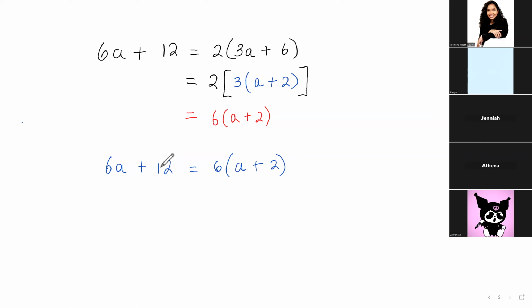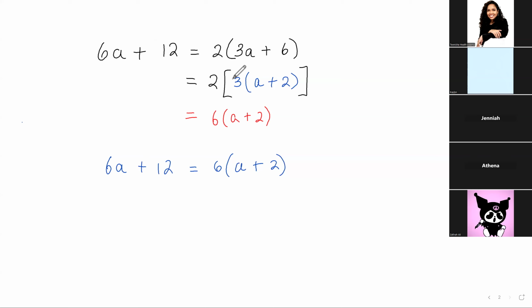However, if you do end up in a situation where you didn't factorize completely, and after you factorize the first time, you realize that what you have in brackets still have a common factor, then do it again and finally remove those brackets. You'll still get the correct answer once you factorize correctly.